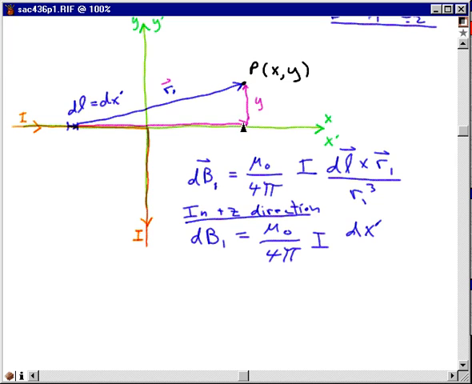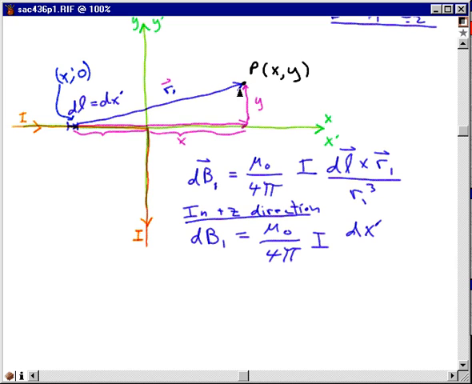The horizontal component, I want to get that in there as well. It's got a length x, this piece, plus this piece, which if I characterize the position of my little wire segment as x prime comma 0, characterizes the point in space where I'm taking a little wire segment that's making the current contribution.